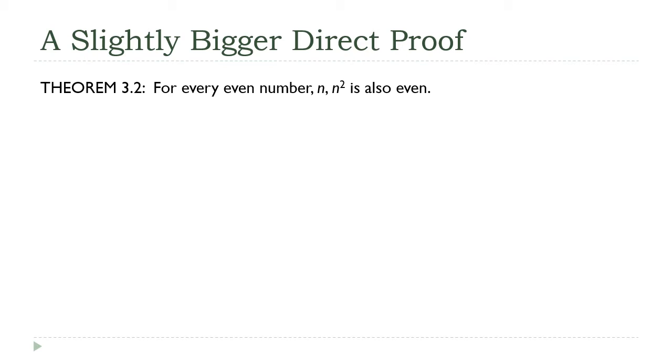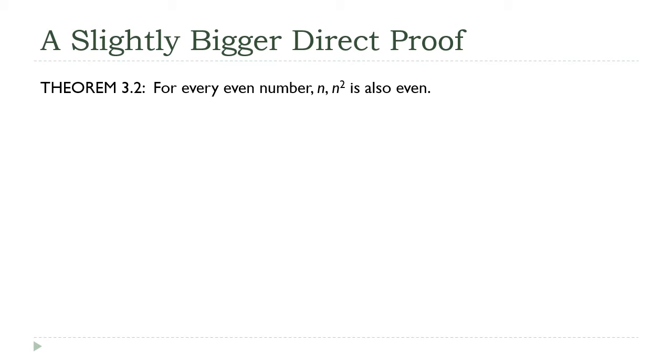Again, just what I talked about before, if it's not entirely clear to you what it is you're trying to show, it's helpful to take a statement like this out of the informal version and rewrite it in a standard if-then form.